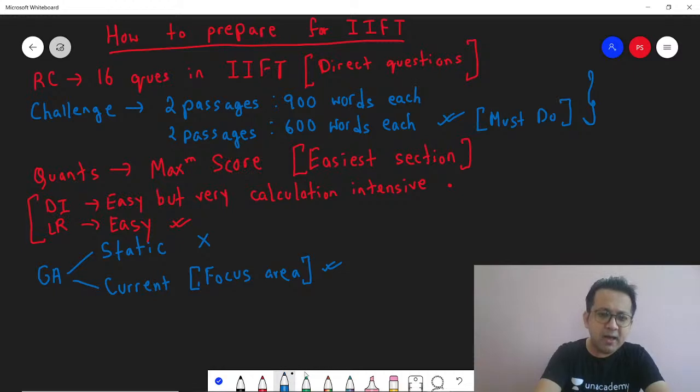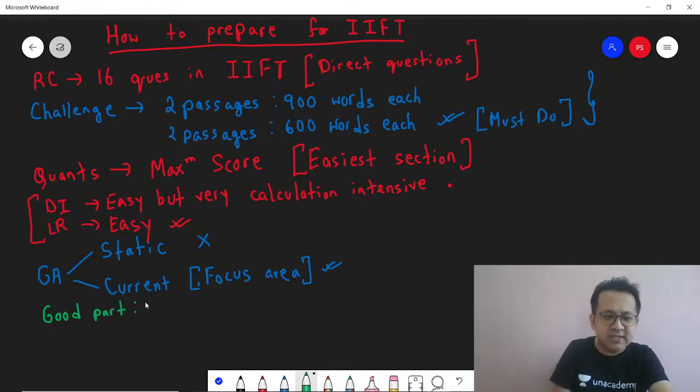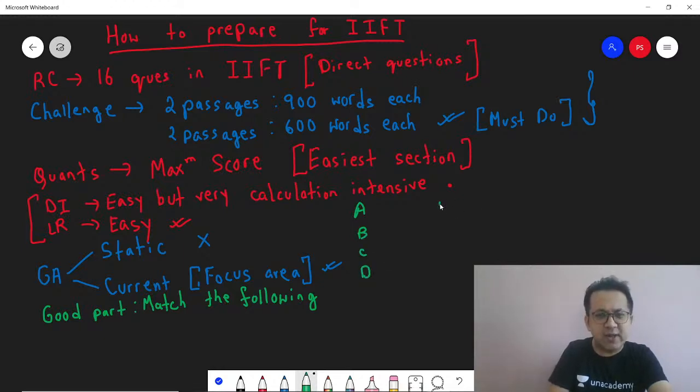The good part about general awareness? Definitely yes. Many times they will give you match the following. Let's say on one side they will have A, B, C, D, and on the other side 1, 2, 3, 4.